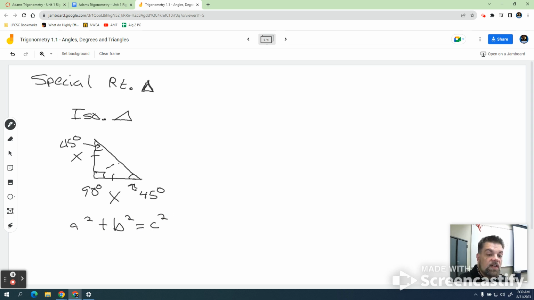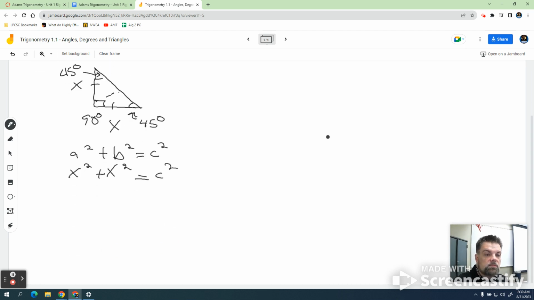So let's make this A. So that would be X squared plus, this would be B, X squared equals C squared. And so if we scroll down, this would be 2x squared equals C squared.